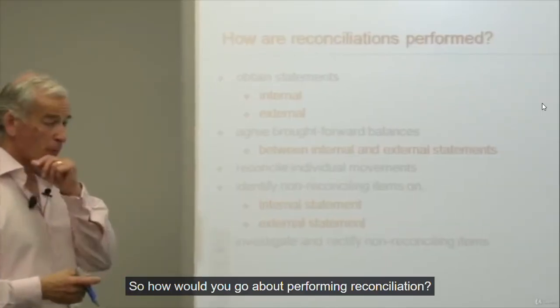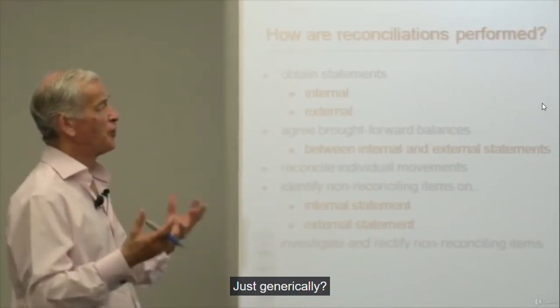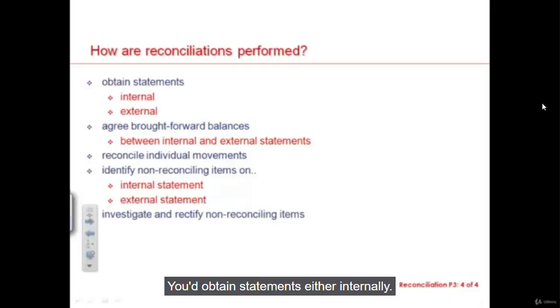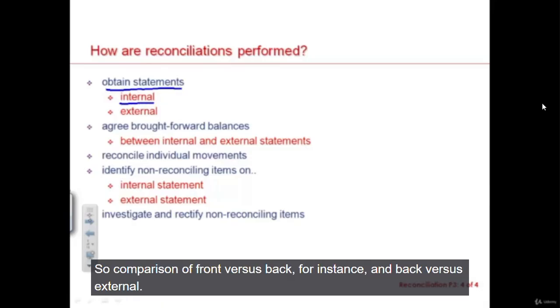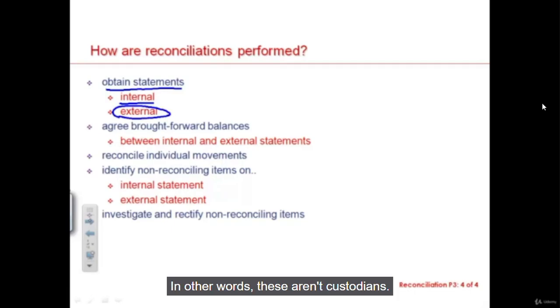So how would you go about performing a reconciliation? Just generically, you'd obtain statements, either internally, so comparison of front versus back, for instance, and back versus external, in other words, CSDs and custodians.